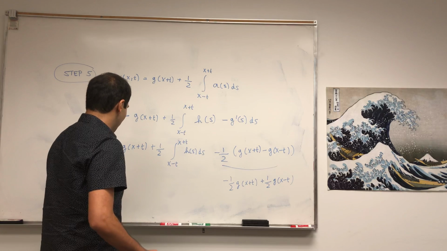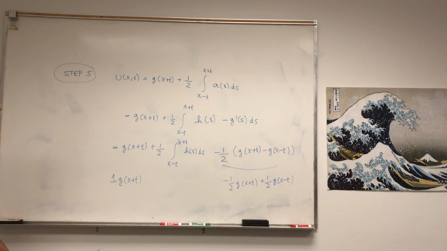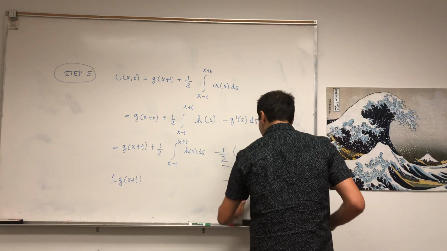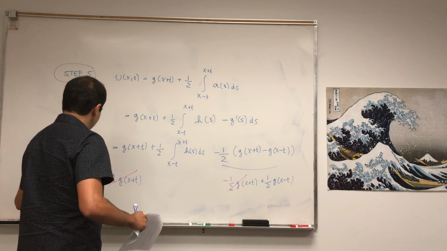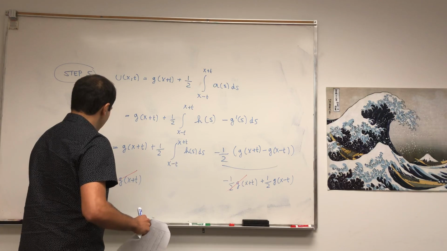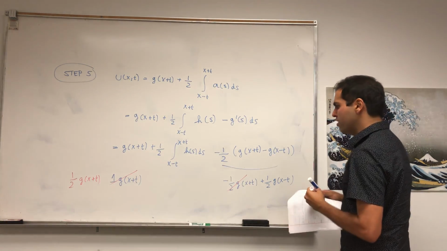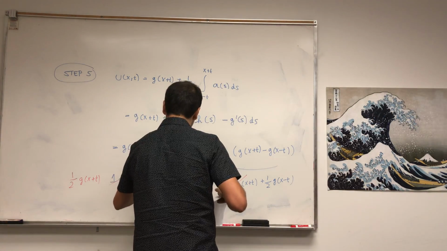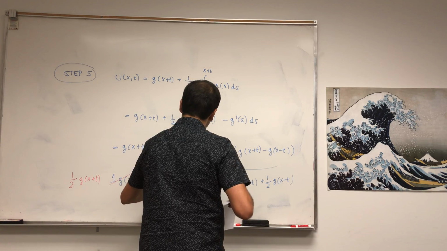This cancels out halfway with this g of x plus t. So this minus this becomes 1/2 g of x plus t. And so what are we left with? This is still 1/2 the integral of x minus t to x plus t, h of s ds.